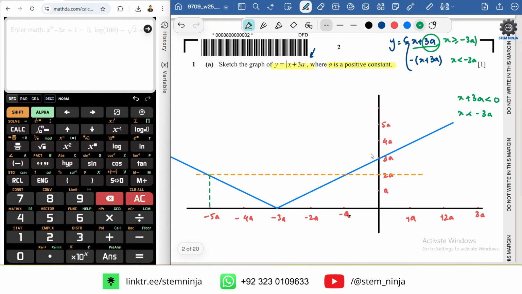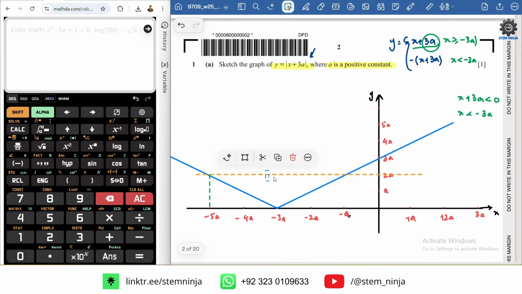Symmetric graph over here. So yeah, let's just finish it. This is your y-axis, this is your x-axis. And we don't need these dotted lines anymore.